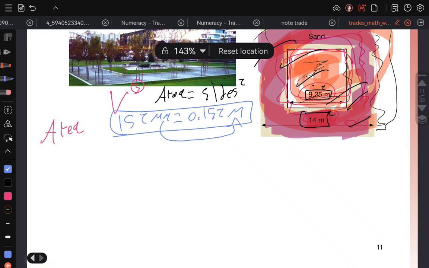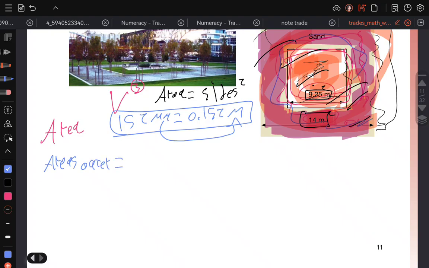Okay, so the first one, the area of the square of the outer one, the sand. Let's write here the area. Let's solve the outer. It's going to be 14 squared, which is 196.